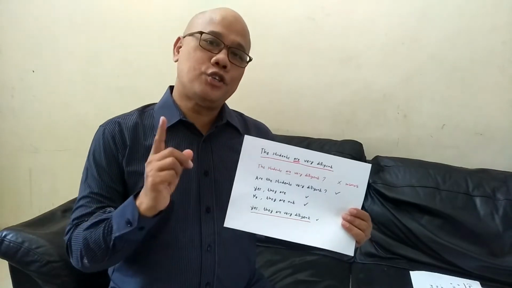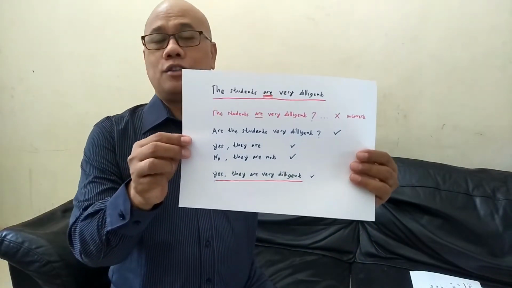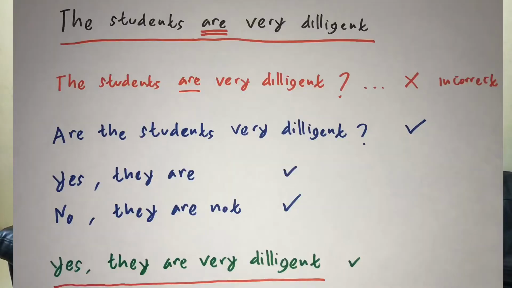So that's the example of yes-no question using nominal sentence. Okay, now let's check another example of a nominal sentence. The students are very diligent. We have to be, are, here because the subject is the students and we have predicate diligent. So like I said before, whenever you have to be in a sentence, just put the be in the beginning of a yes-no question.